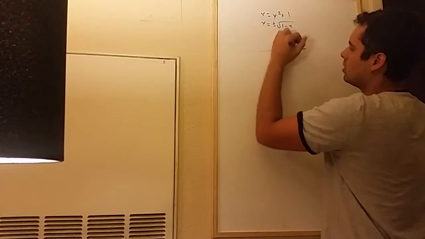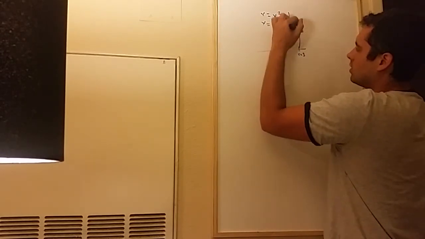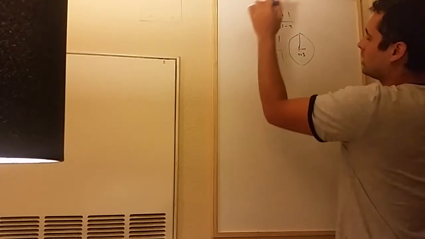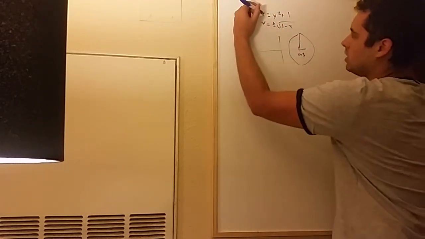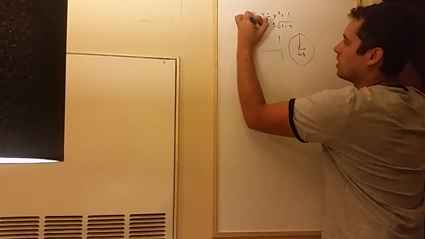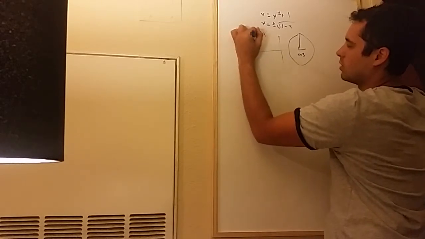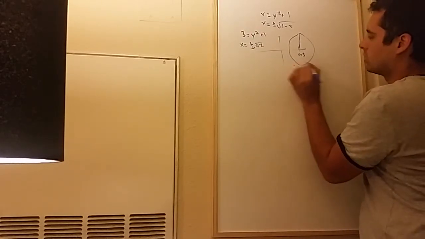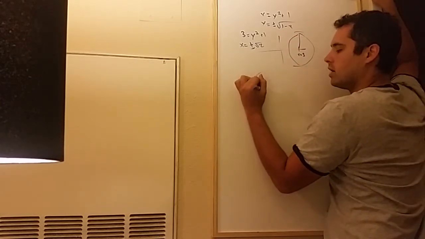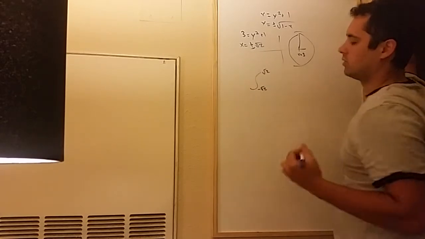So when x equals 3, it's going to be like that and like that. We plug in x equals 3. So 3 equals y squared plus 1. We'll get y equals positive, negative square root of 2. So those are our limits of integration, negative square root of 2 to positive square root of 2.